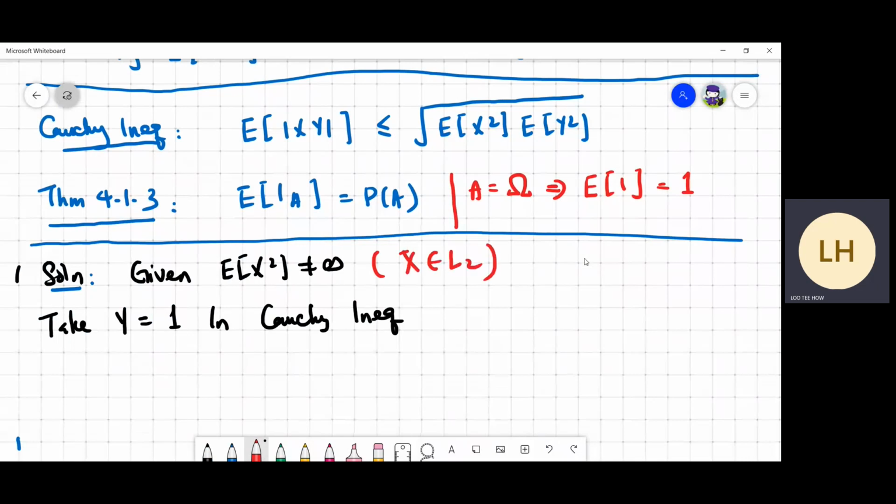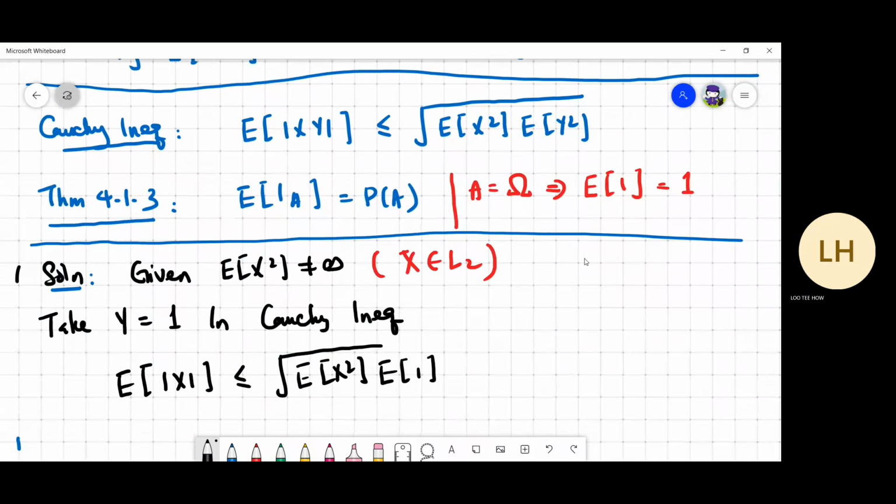By taking y equal to 1 in the Cauchy-Schwarz inequality, we have E of modulus of x less than or equal to the square root of E of x squared multiplying E of 1.